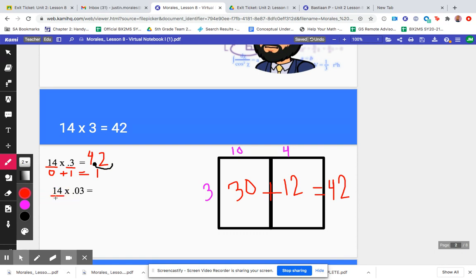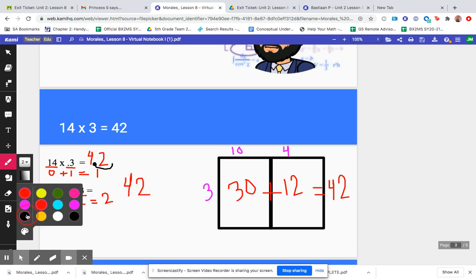So 14, there are 0 digits to the right of the decimal. 0.03, there are 2 digits to the right of the decimal. 0 plus 2, well, that's going to equal 2. So once again, I'm going to write 42 because we know 14 times 3 is 42. And now we're going to bring our decimal over 2 times. 1, 2. So our answer here is 42 hundredths.